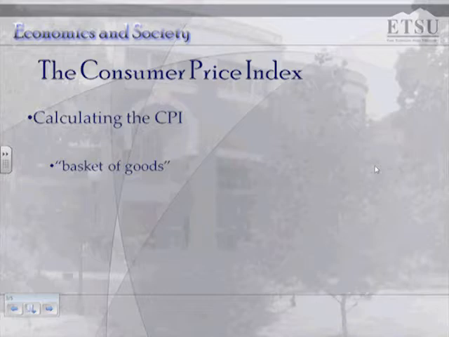If we think about a record player compared to an MP3 player that we can now carry around, a multitude of vast amounts of music that we can carry around in our pockets, we couldn't even imagine what that record album collection would have looked like 30 years ago. These changes in what consumers buy and the changes in quality can't be reflected by the change in price.